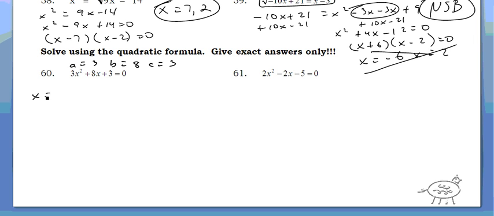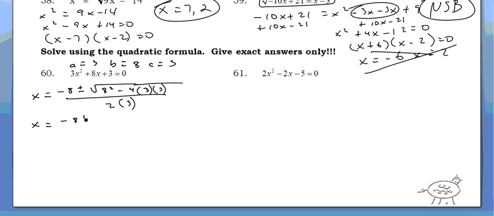So it's x equals opposite of B, plus or minus the square root of 8 squared minus 4 times 3 times 3, all over 2 times 3. So x equals negative 8 plus or minus the square root of 64 minus 36, over 6.